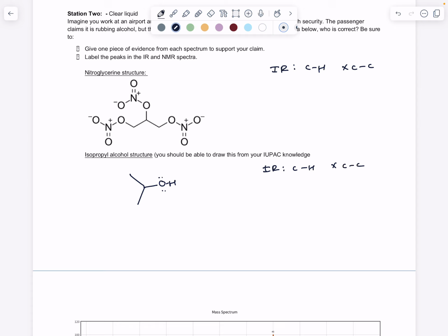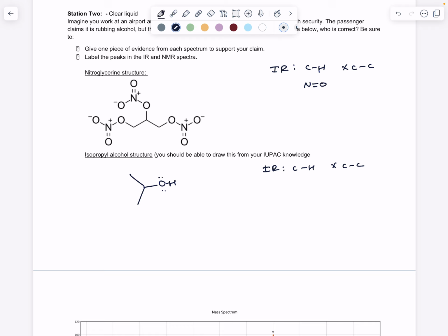Again, not very helpful. I think nitrogen-oxygen single bonds maybe come up in the fingerprint region, but I'm pretty sure nitrogen-oxygen double bonds come up around 1600 to 1800. So we'd expect to see nitrogen-oxygen double bonds.